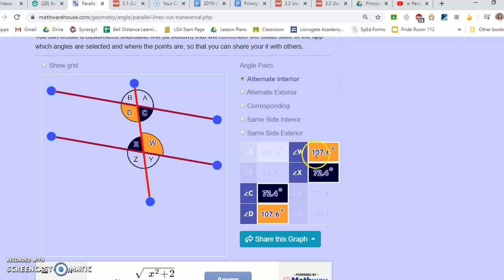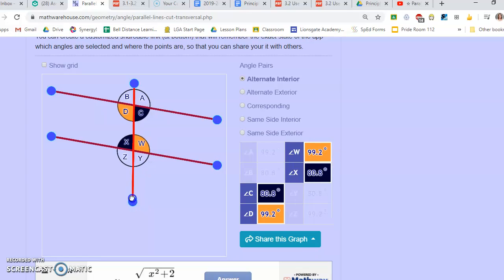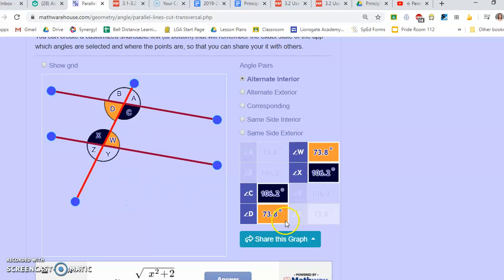If I move the transversal and stop it over here, notice that these angles are still equal. Even this bluish black pair of angles, which are also alternate interior, are equal.